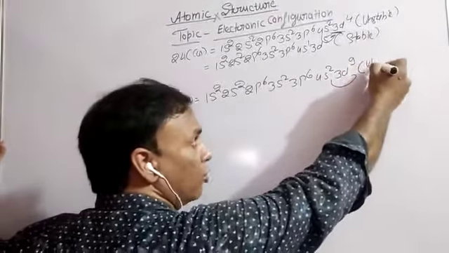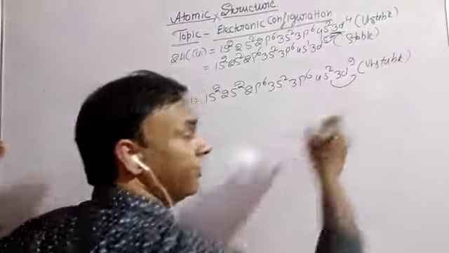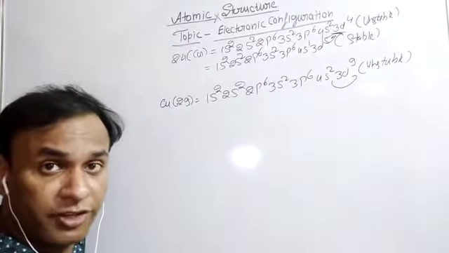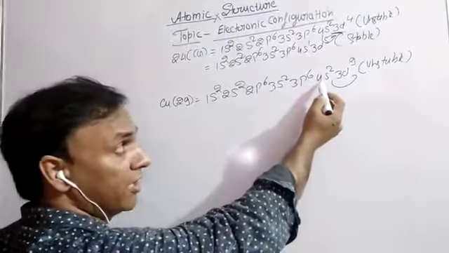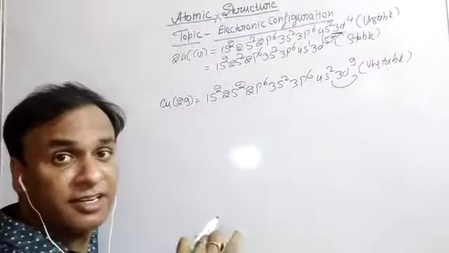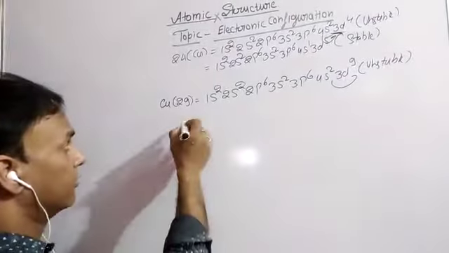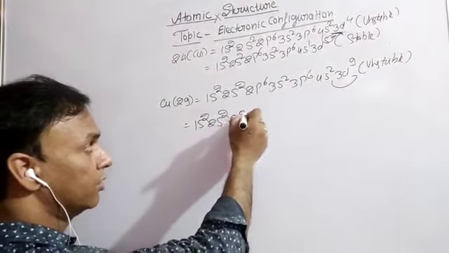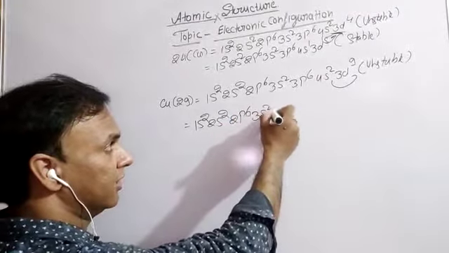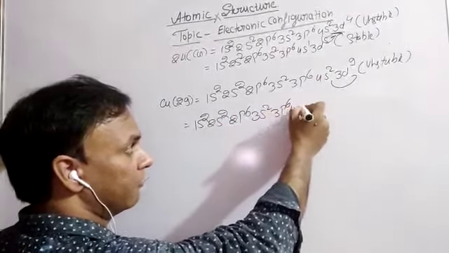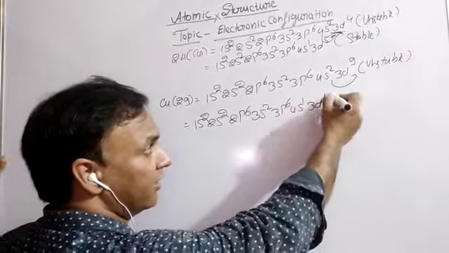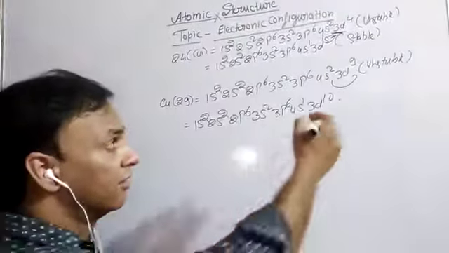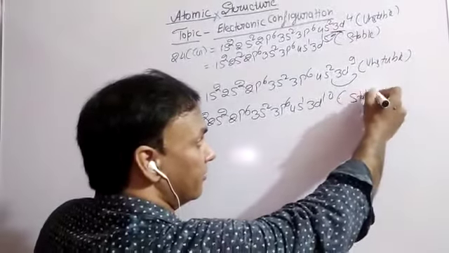D9 is also an unstable configuration. To become stable, it takes one electron from the s orbital and d9 turns into d10. So the right configuration is 1s2, 2s2, 2p6, 3s2, 3p6, 4s1 and 3d10. This is the right and stable configuration.